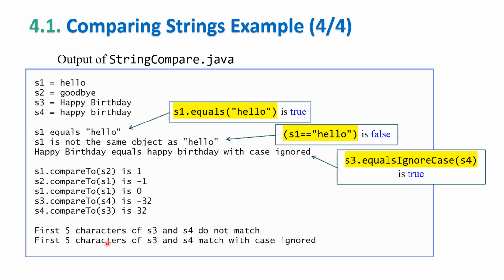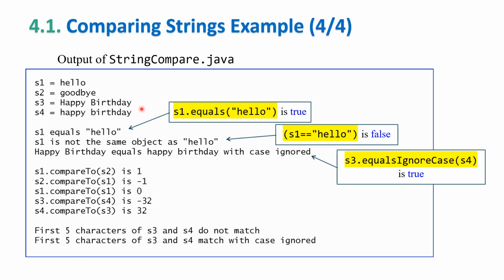The last 2 lines in the output show the result of comparing portions of S3 and S4. The portions being compared consist of the first 5 characters in each string. Those correspond to the word "Happy" with uppercase H in S3 and the word "happy" with all lowercase in S4.